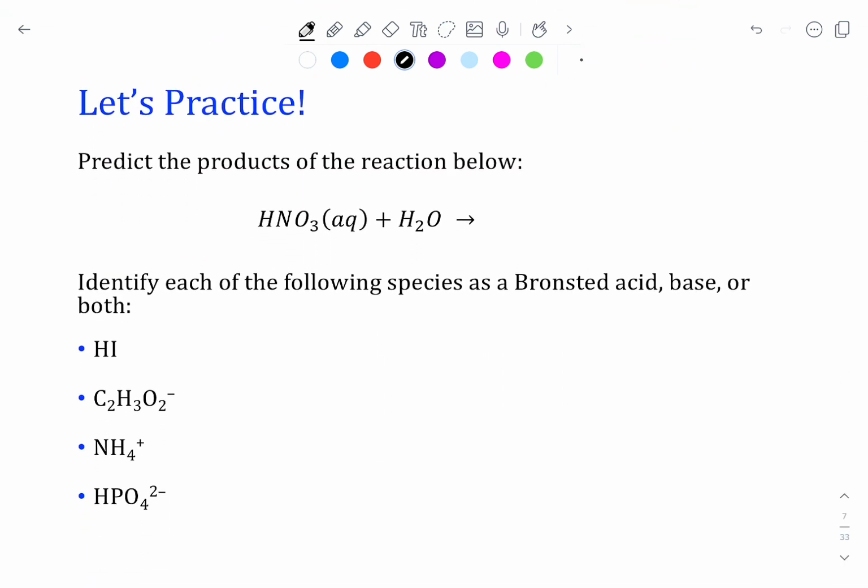So let's do some practice with this and moving around our protons using our Bronsted acid and base definition. Our first problem here wants us to predict the products of the reaction below. So we have HNO3 reacting with water. Well, we know that HNO3 is nitric acid.